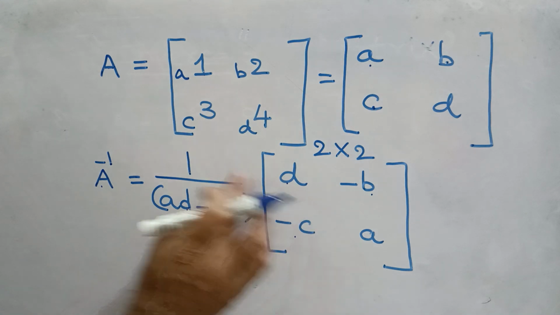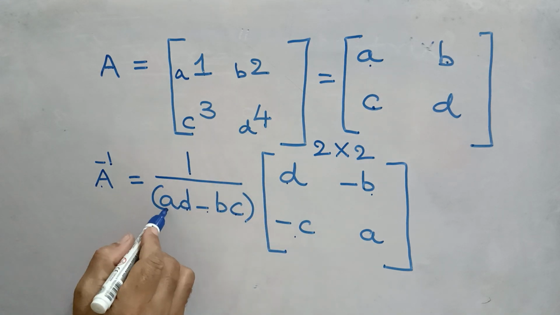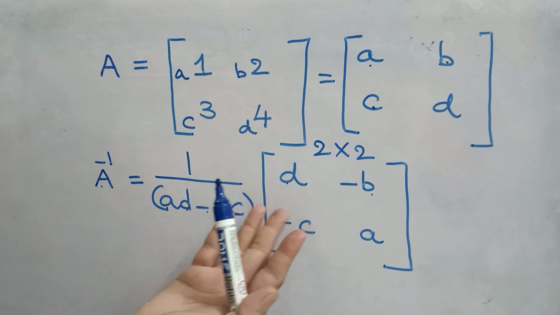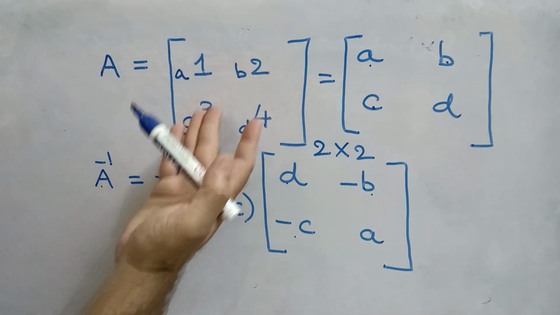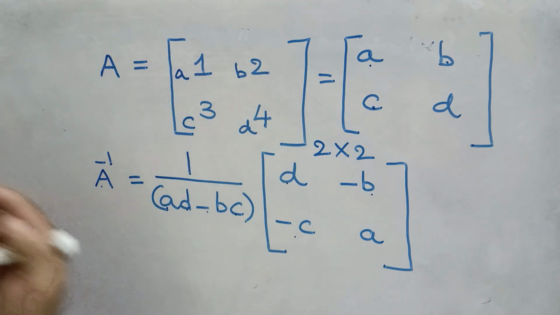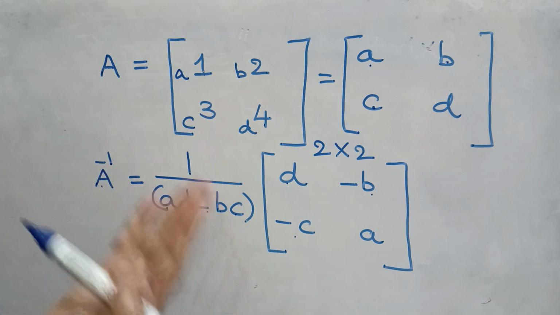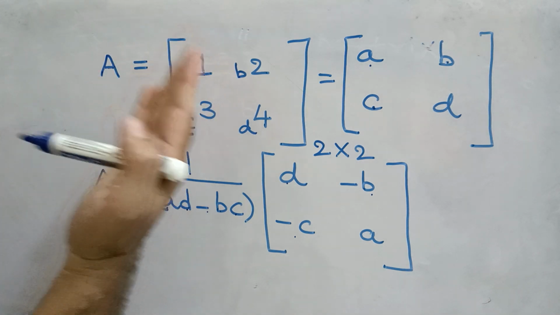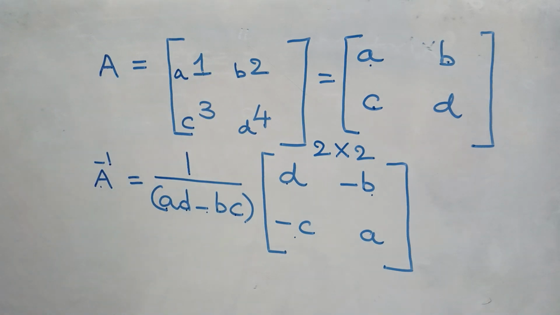In this formula, wherever A, B, C, D are there, you simply substitute these elements, and you will get your A inverse. This is the simple formula for finding the inverse of a given 2 by 2 matrix.